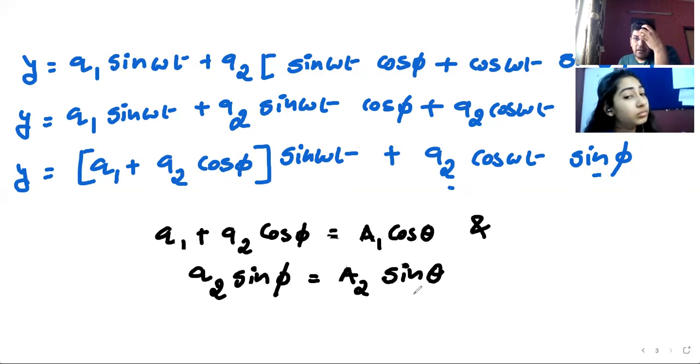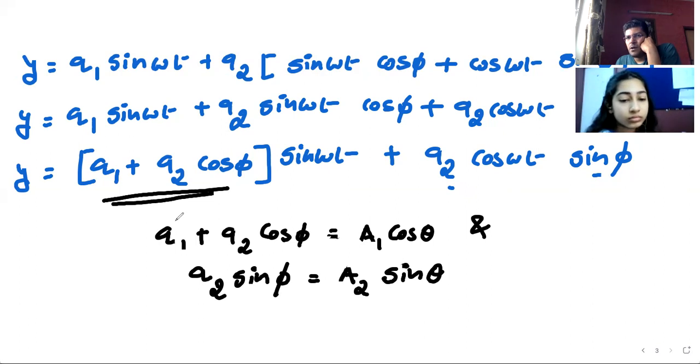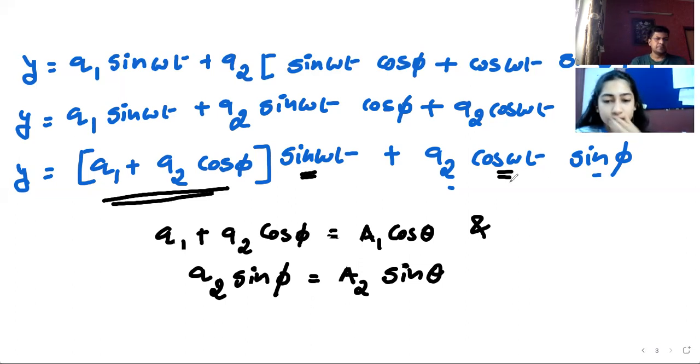What I did is that whichever terms I have in this bracket, I have assumed to be capital A1, which is the amplitude, like small a1, a combination of the first and second waves, with the angle theta. And in the other one, I have small a2 sin phi equals capital A2 sin theta. I don't want to use sin omega t or cos omega t because right now it is not useful to me. If you want to, you can.